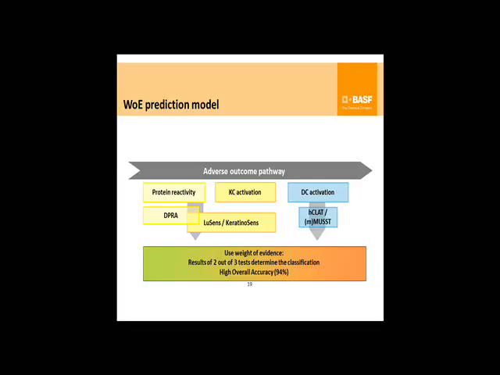And on the third level, we then have the dendritic cell activation depicted by h-CLAT or the MUSST assay. And taking the data all together, we have 2 out of 3 tests determine the overall classification. So that's why we call it the weight of evidence. And the overall accuracy of this prediction model was 94%.